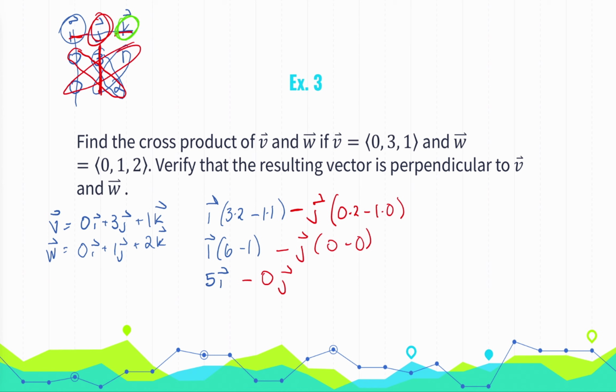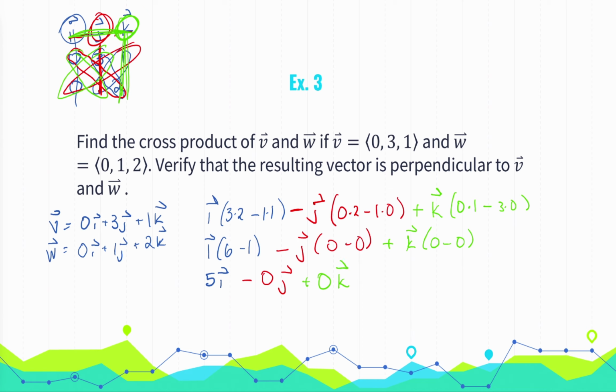And then we're going to take k. This is plus k. We're going to cancel out the top row. We're going to cancel out this column. And we're going to do the determinant of what's left. And so that's going to be 0 times 1 minus 3 times 0, which is 0 minus 0 again, which is 0.